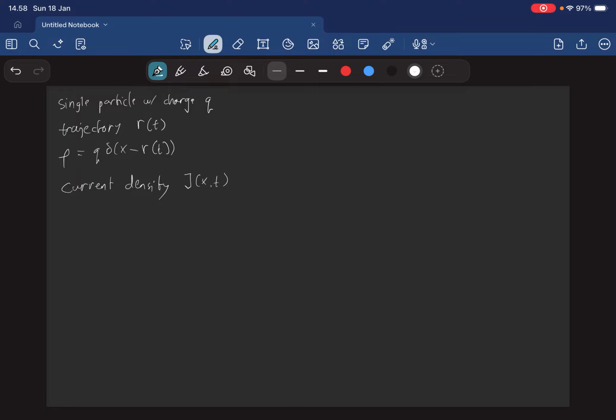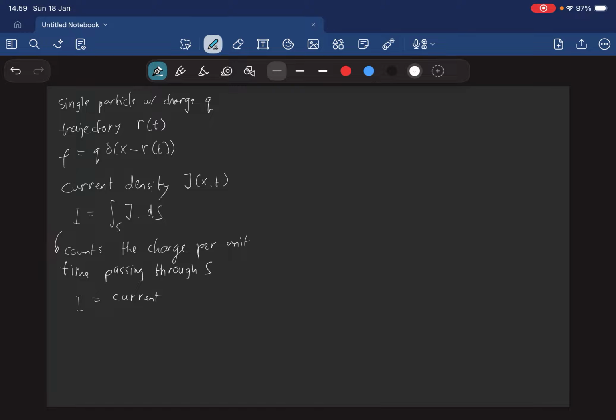For every surface S, the integral of J dot dS counts the charge per unit time passing through S. So this is I, and here dS is the unit normal to S. The quantity I is called current. In this sense, the current density is the current per unit area.